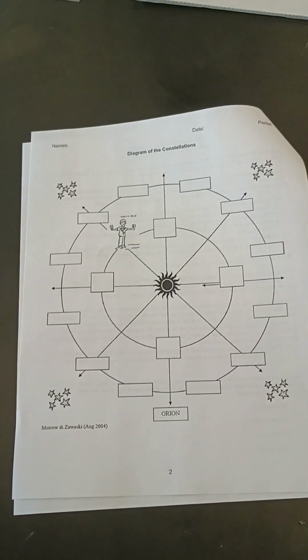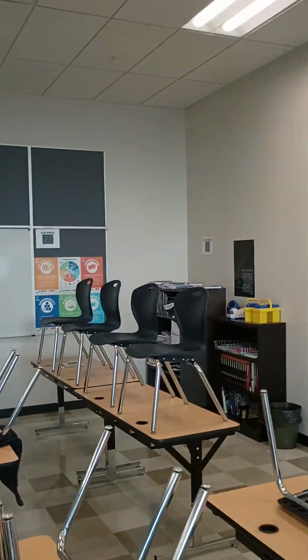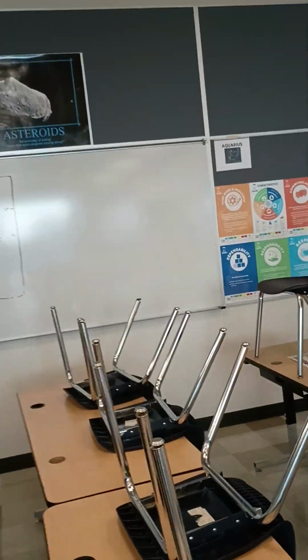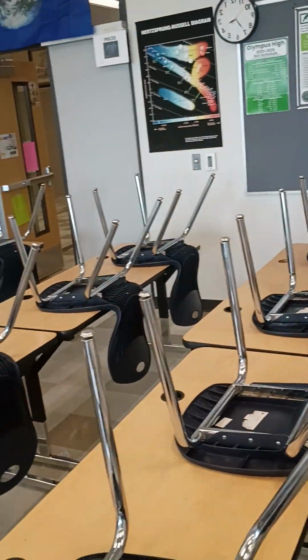So let's say that you are an Aquarius, and Aquarius was over here someplace. Tell you what, I have an overturned chair here. This is going to represent the sun, okay? That's the sun.